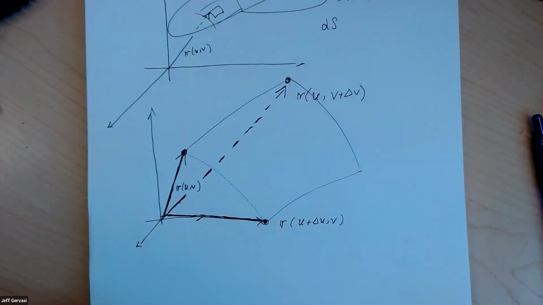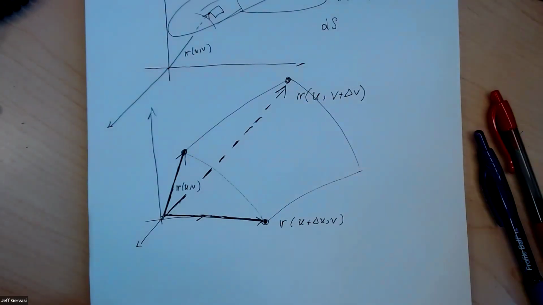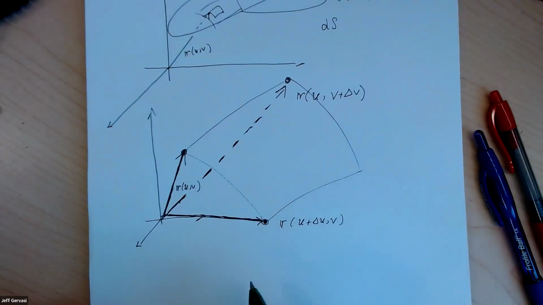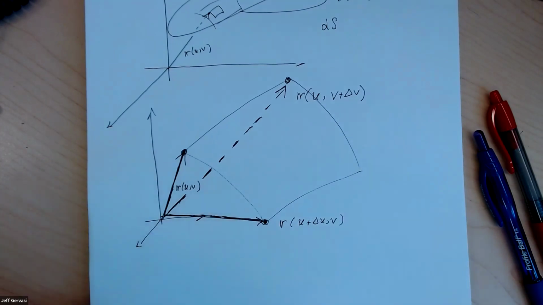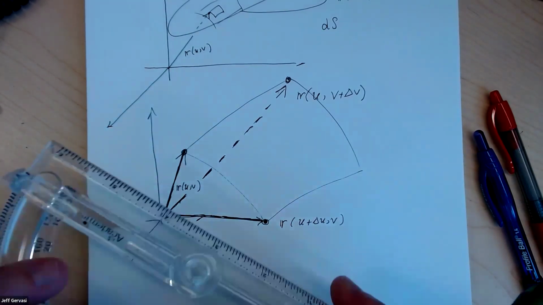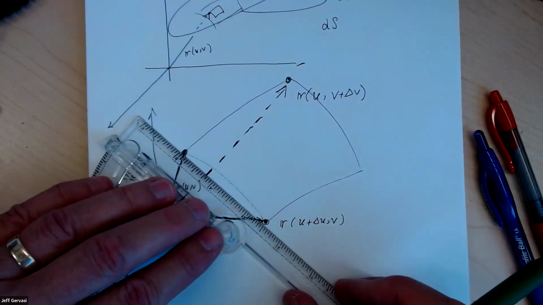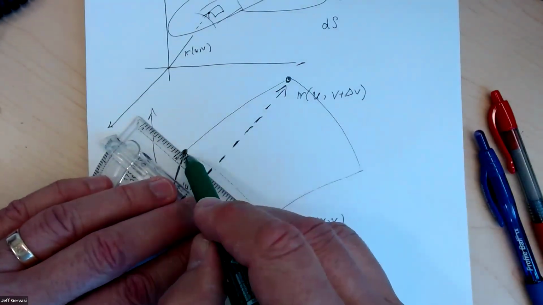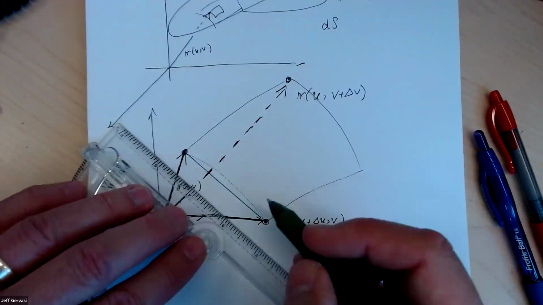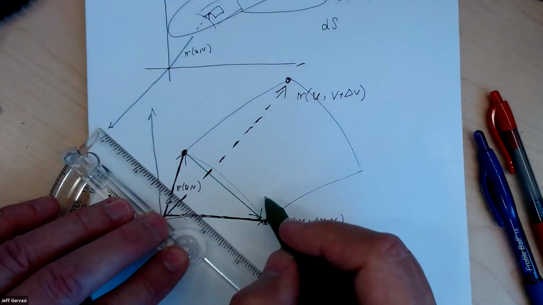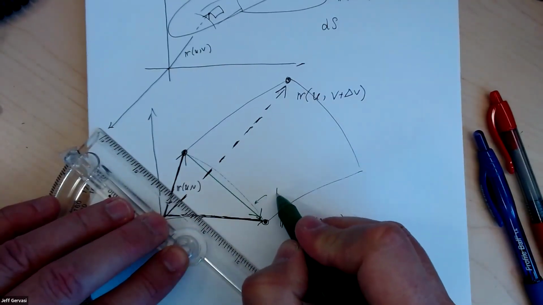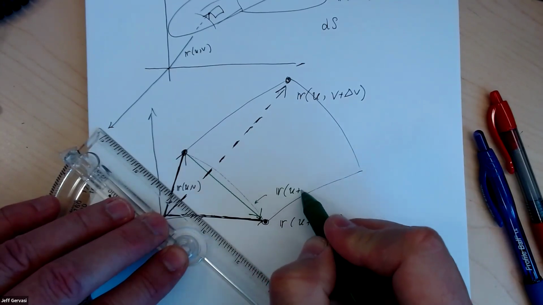Again, the next thing I'm going to do is use a different color. Let's make the vector from this point to this point. Now, of course, that green vector in there is actually this.